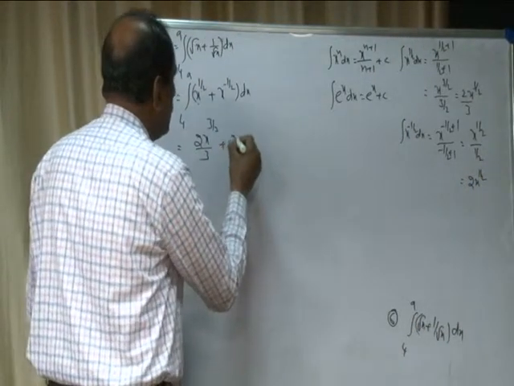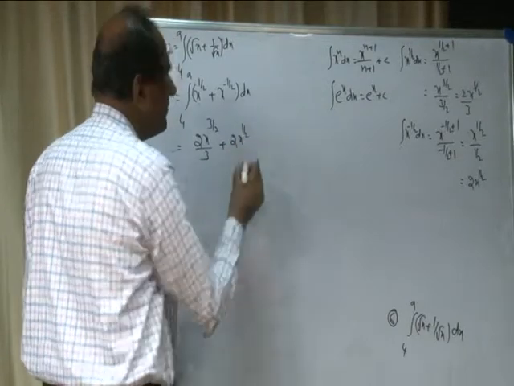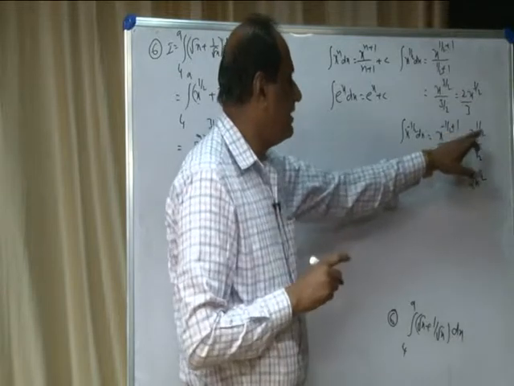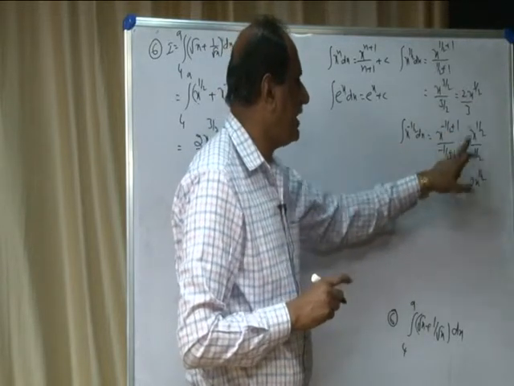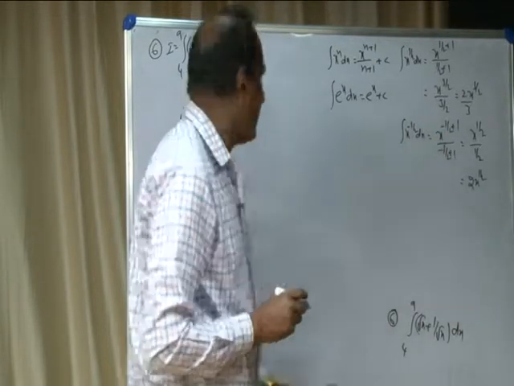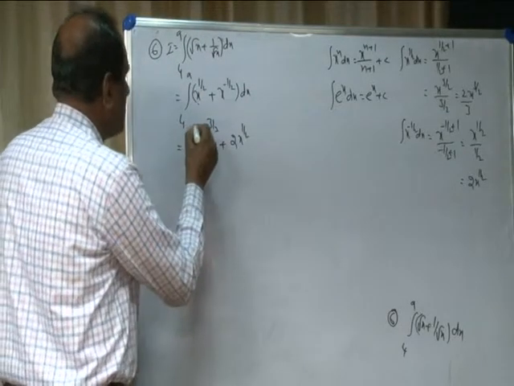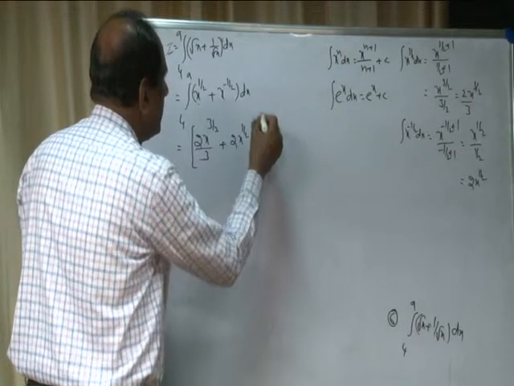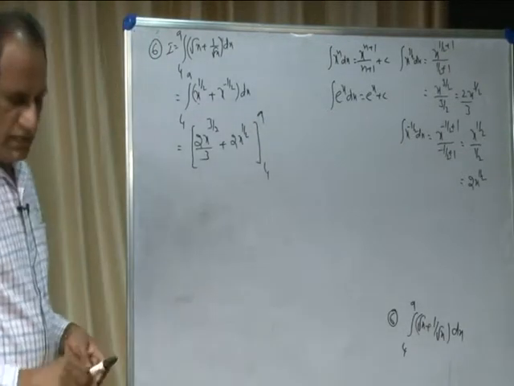Integration process is over, between the limits 4 and 9.